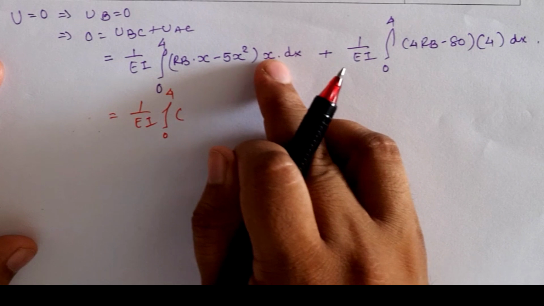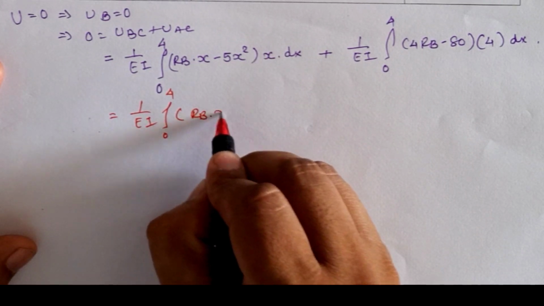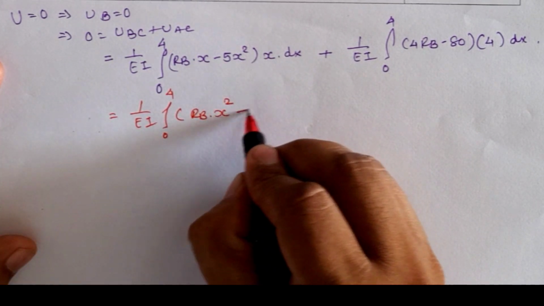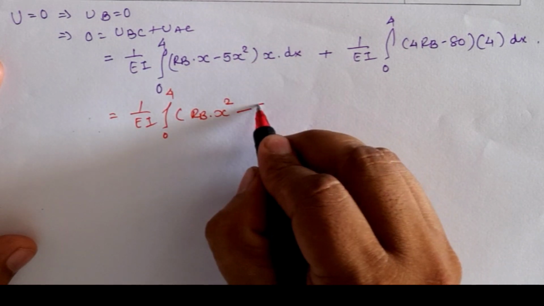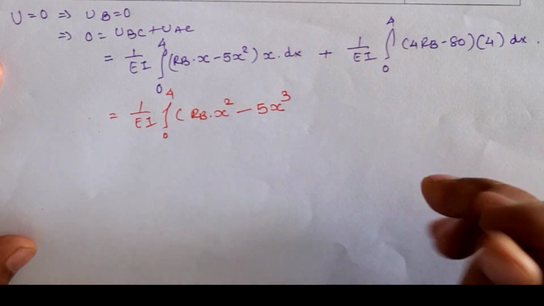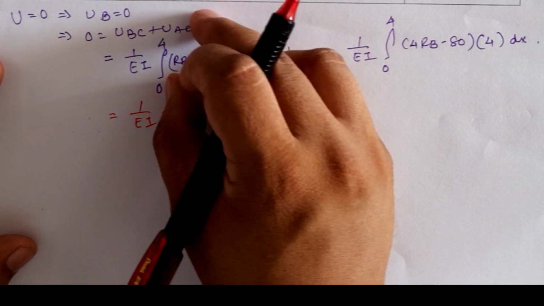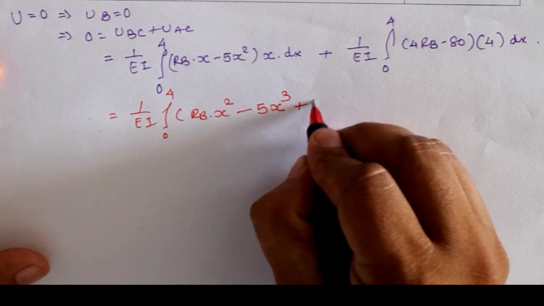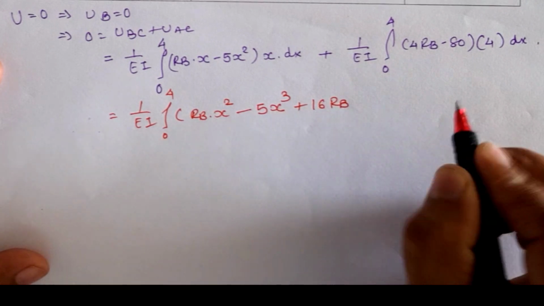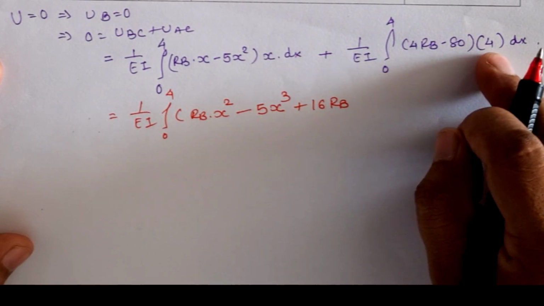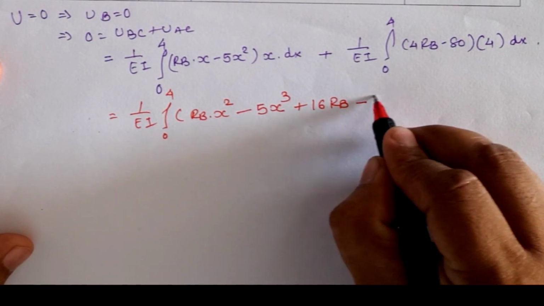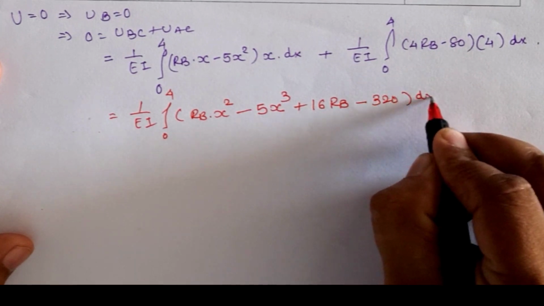RB into x as RB into x square, minus 5x square into x as 5x cube. Here 1 by EI is constant for both, and the limit is also constant. 4 RB into 4 as 16 into RB, and minus 80 into 4 as minus 320, dx.